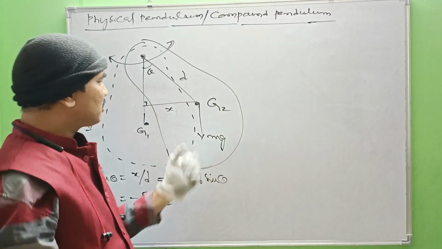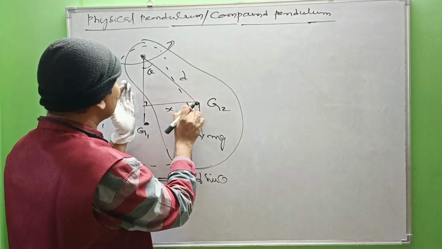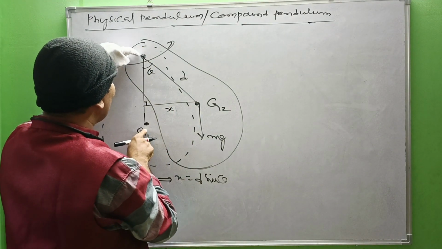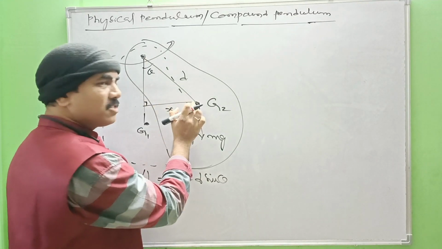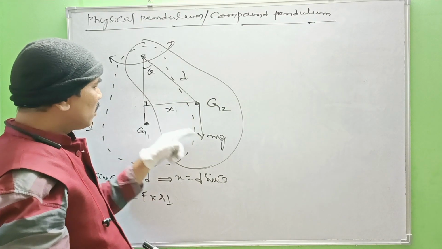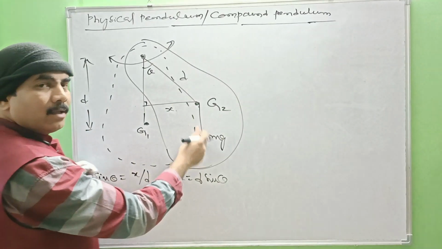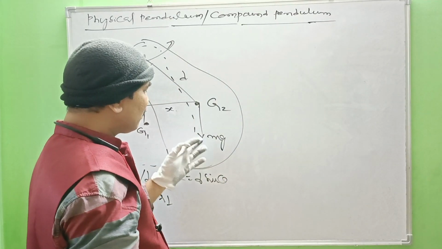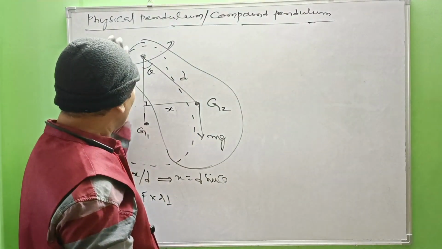This gravitational force is at a normal distance x from the line joining G and the hinged point. So x will be the normal distance from the vertical and mg will be the force. These two are perpendicular to each other, x and mg. Here mg serves as the restoring force which causes some torque about the vertical.